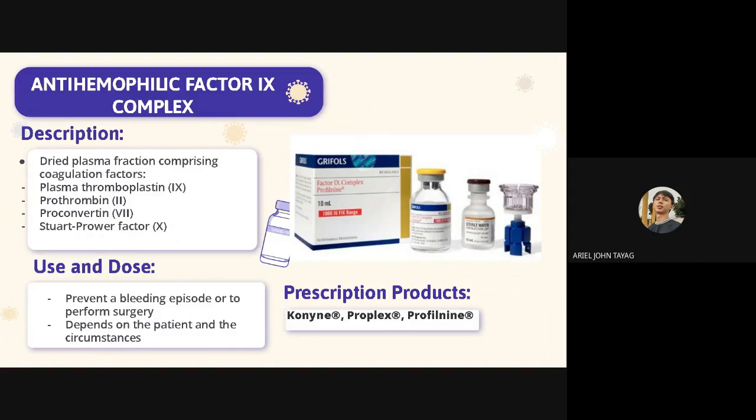So for the use and dose, this preparation is indicated to prevent a dangerous bleeding episode or to perform surgery whenever one or more of these specific coagulation factors is absent in the blood of the patient. So for prescription products, we have Konyne, Proplex, and Profilnine. Next slide po.